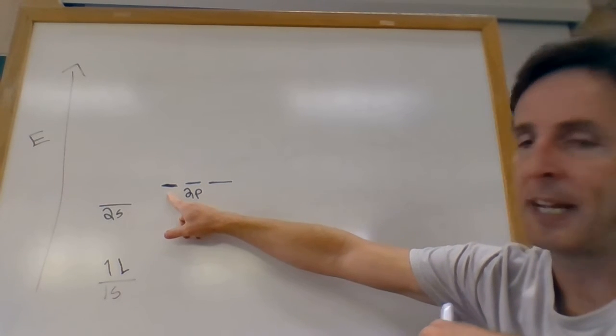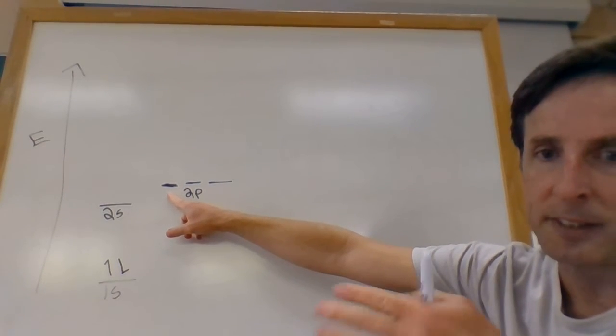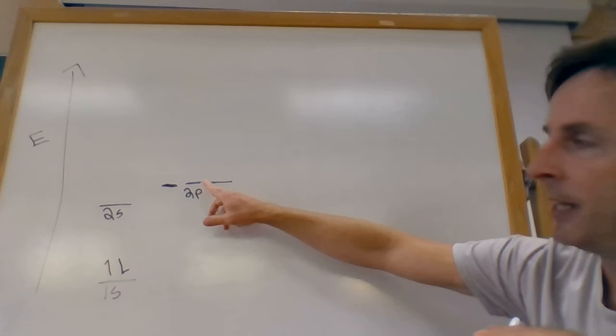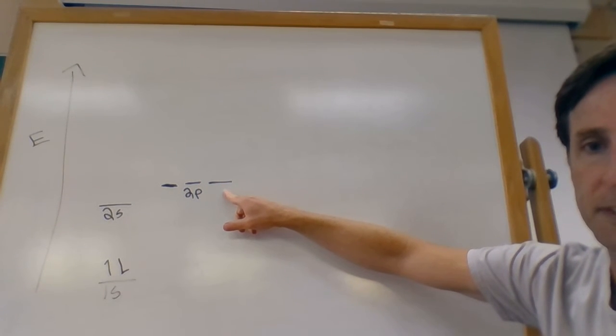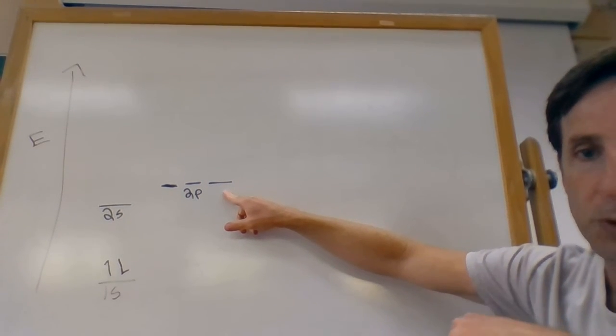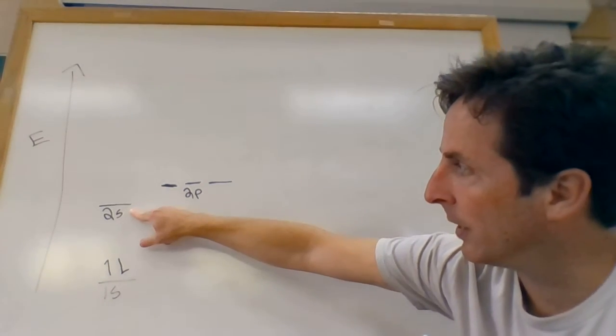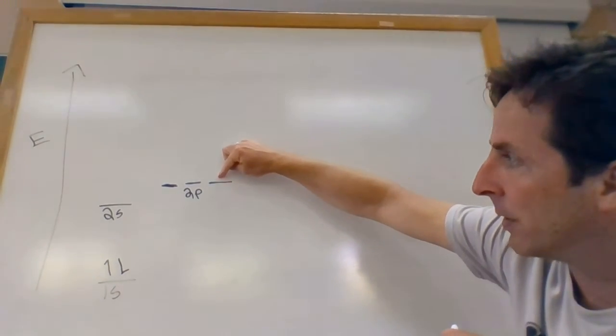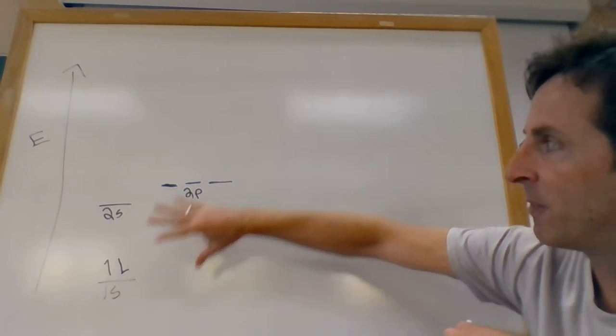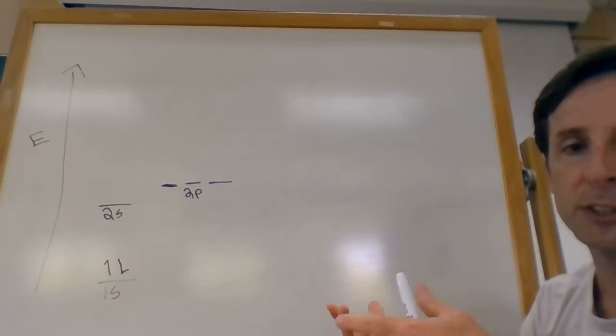So one of them I could say is oriented on the x-axis, one's on the y-axis, and one's on the z-axis. Okay? Each orbital can hold 2 electrons. So I can put 2 here, 2 here, 2 here, 2 here, 2 here. So up to this point, if I fill all these up, that would get me up to 10 electrons.